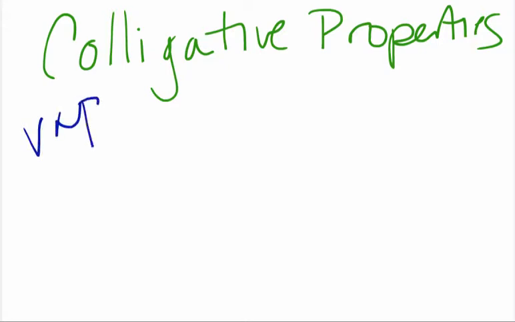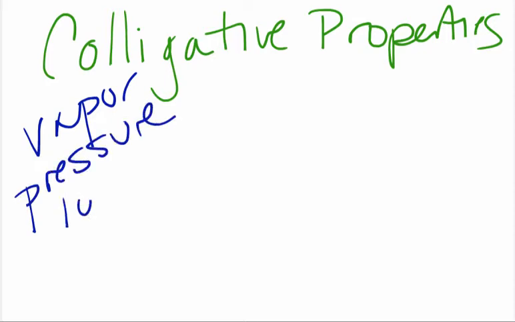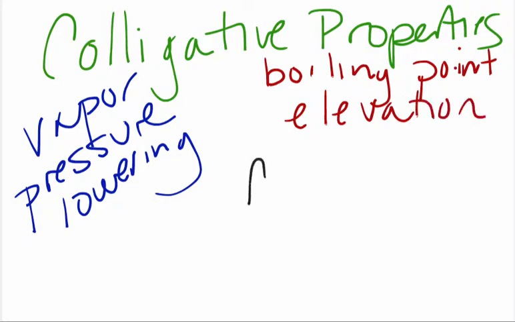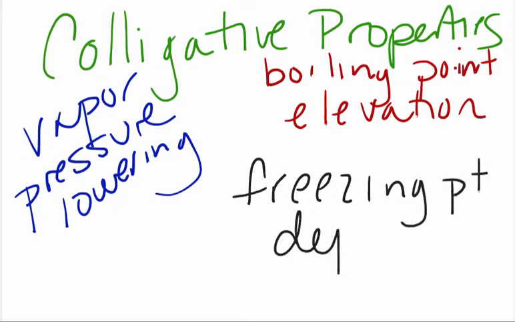Your book talks about 3 colligative properties: vapor pressure lowering, boiling point elevation, and freezing point depression. We'll focus on boiling point elevation and freezing point depression.